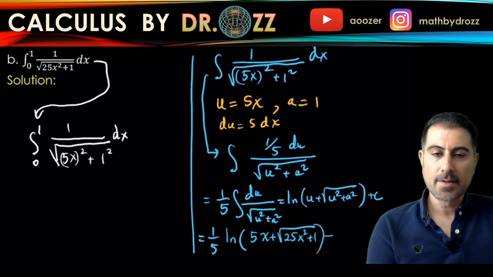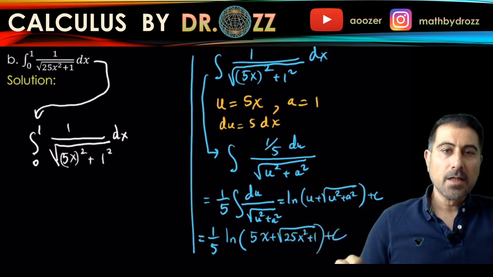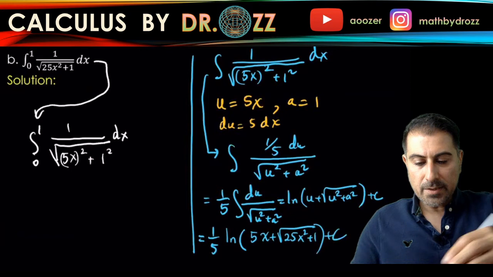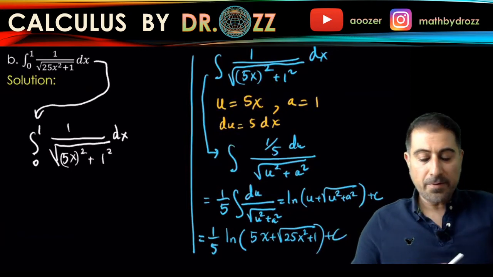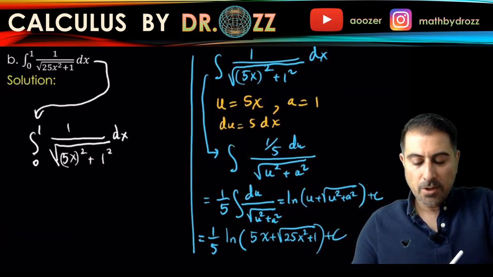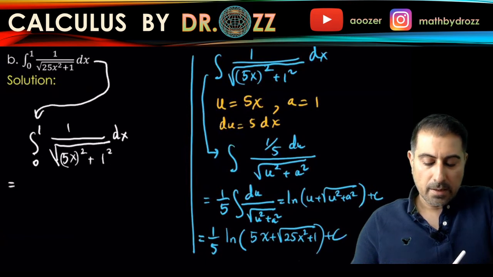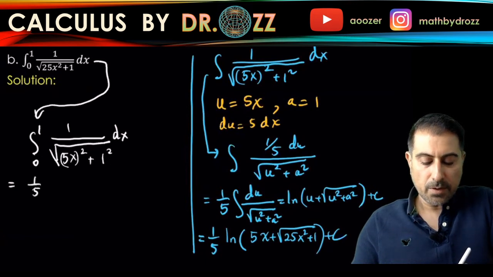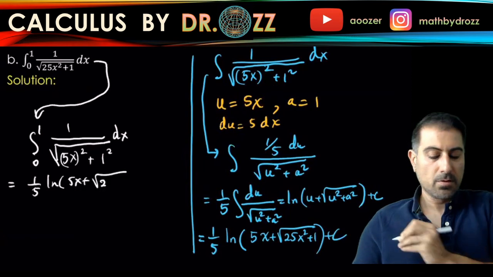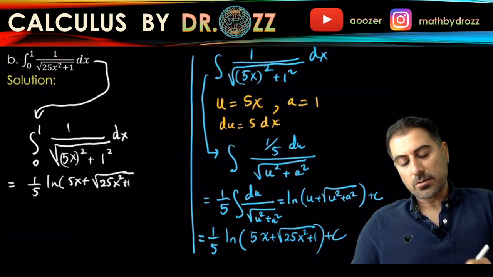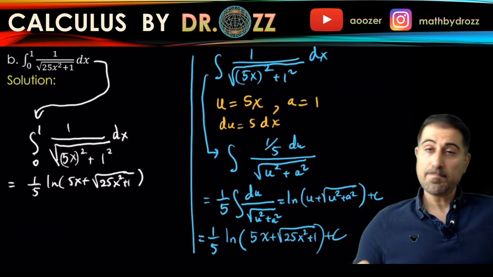All right, so we're almost done, right? So what I'm going to do now is apply the fundamental theorem of calculus for this function. So 1/5 ln of 5x plus the radical of 25x squared plus 1, and I'm going to use the bracket here from 0 to 1.